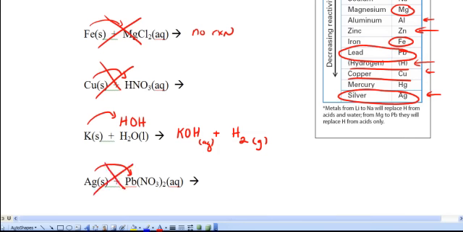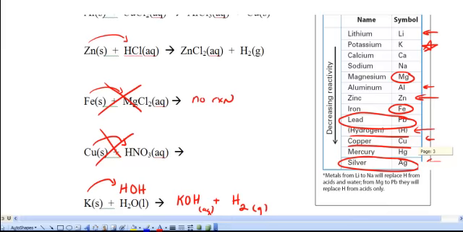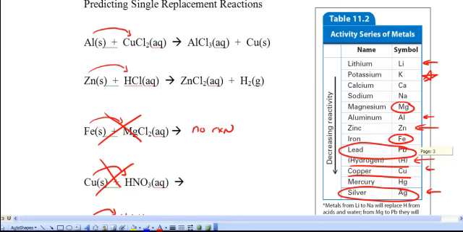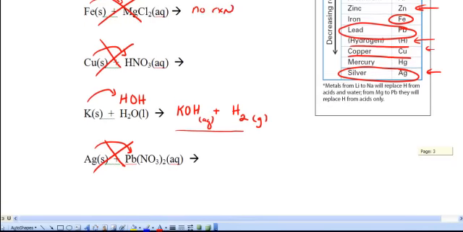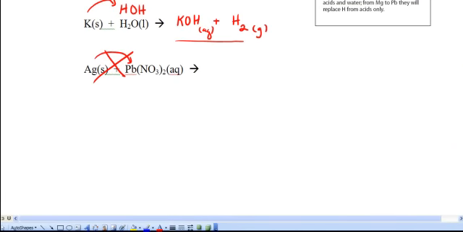Okay? So you will have to predict whether or not a single replacement is going to occur. You will not have to predict the products of a single replacement. I'll simply give you a list of reactions and ask, will this reaction occur using the activity series of metals? And you'll just simply have to answer yes or no. Alright? That concludes 11.2 on classifying reactions.